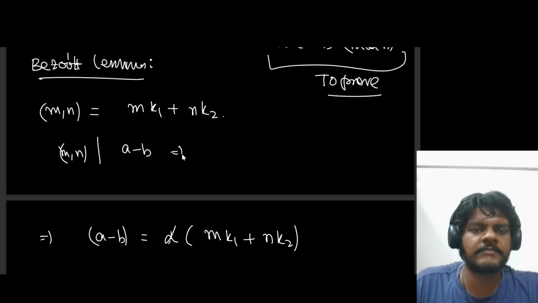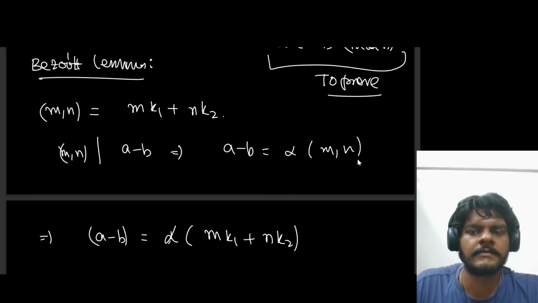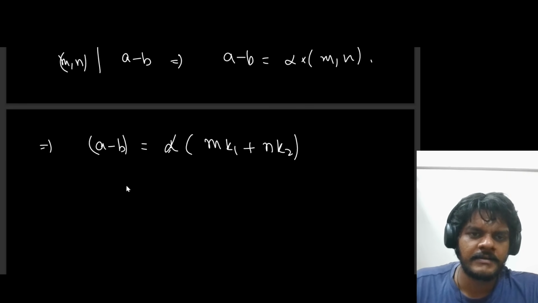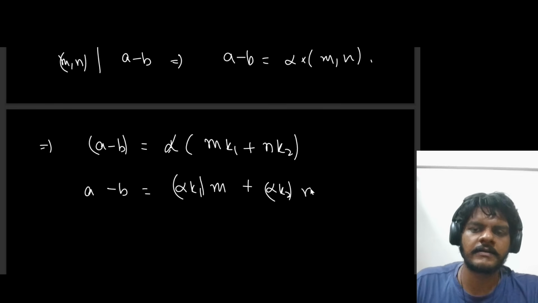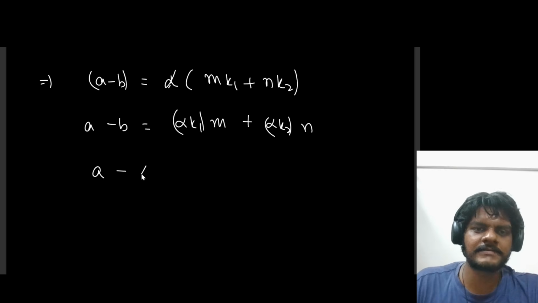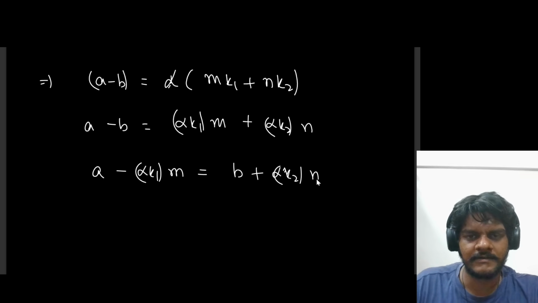because GCD of m, n divides a minus b, that will imply a minus b is equal to alpha into GCD of m, n. So that implies a minus b is equal to alpha k1 into m plus alpha k2 into n. In other words, I can write a minus alpha k1 m is equal to b plus alpha k2 n.